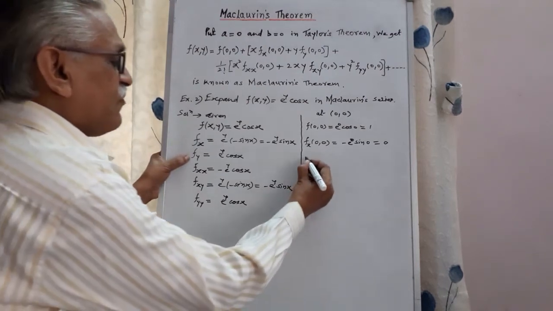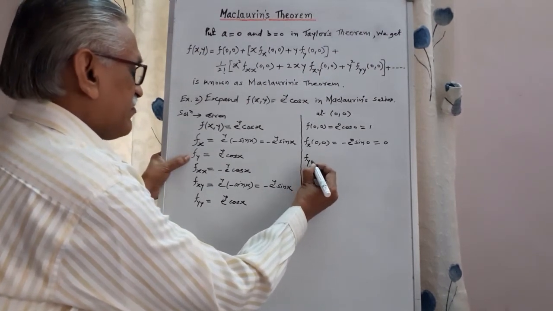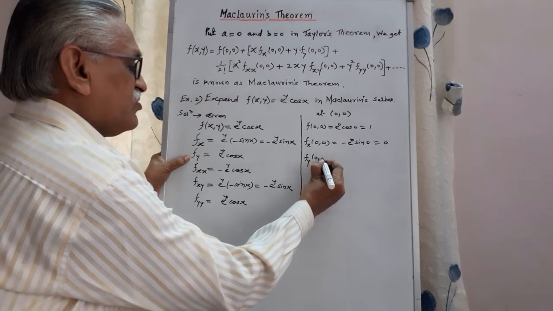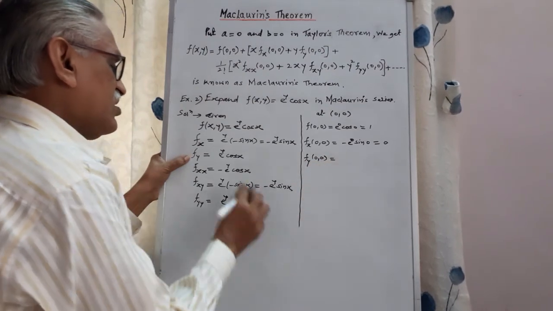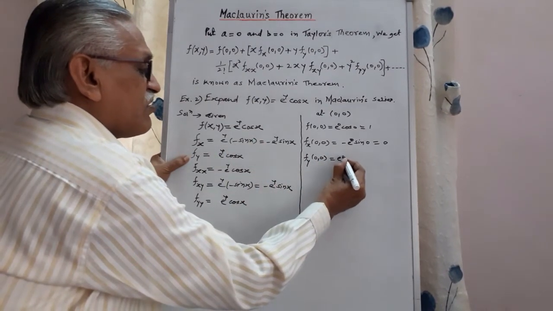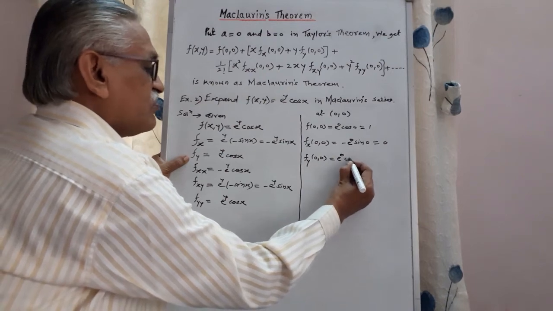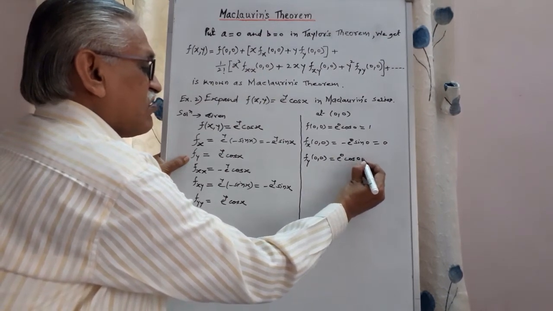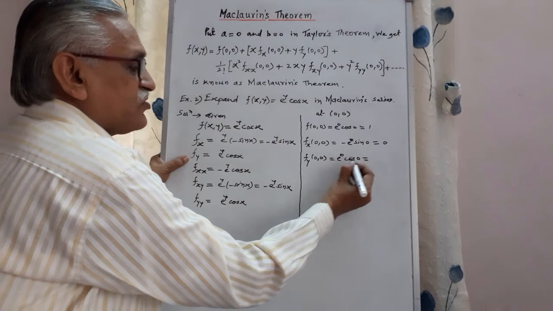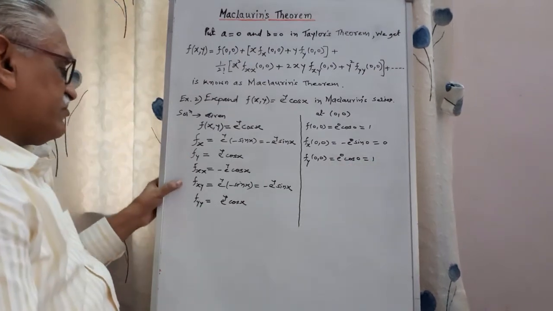Okay, then fy at 0, 0 is e raised to 0 cos 0, cos 0 is 1, e raised to 0 is 1, therefore that product is 1.